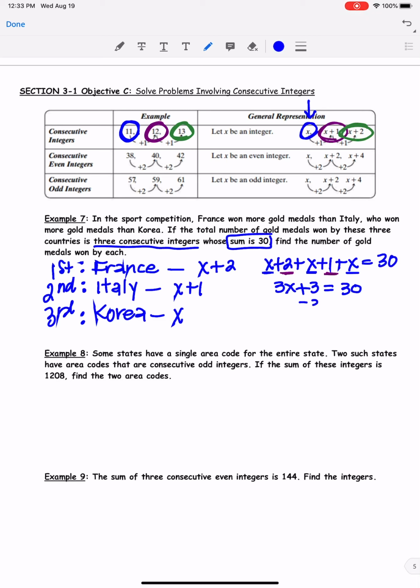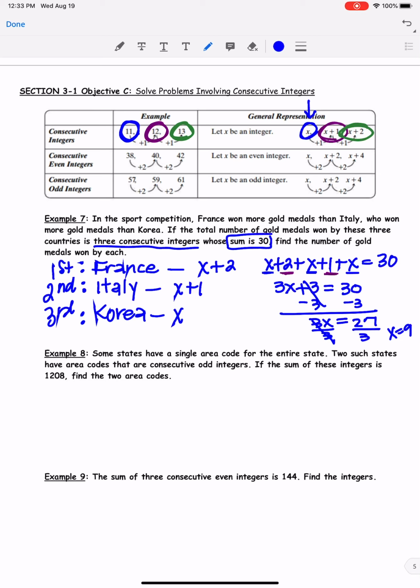So we're going to subtract 3 from both sides, and I get 3x equals 27. Divide both sides by 3, and I've got x equals 9.